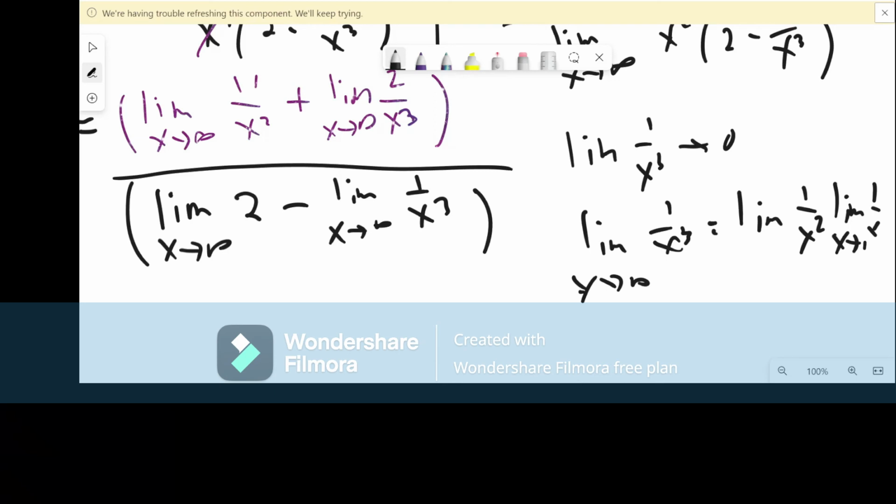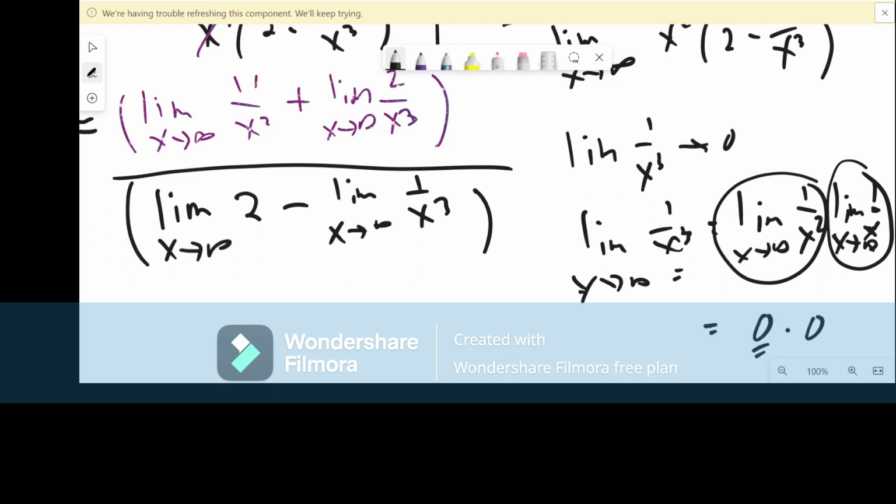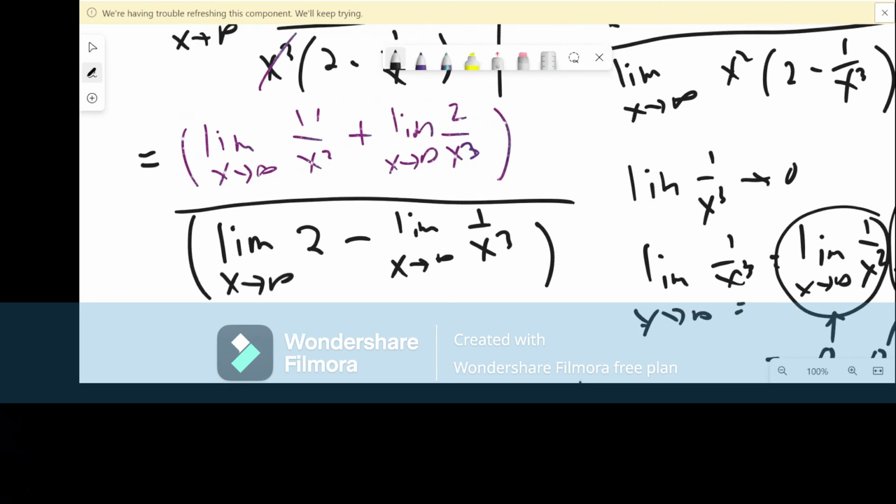Both go to 0. Previously we have discussed this. We have also proven that 1 over x will go to 0. Therefore, 1 over x cubed is 0 times 0, where one 0 is the result of 1 over x squared and the other is the result of 1 over x. So either way, both would go to 0.